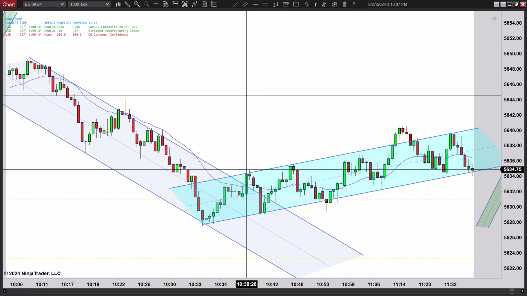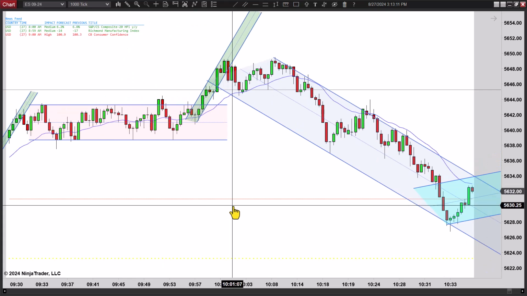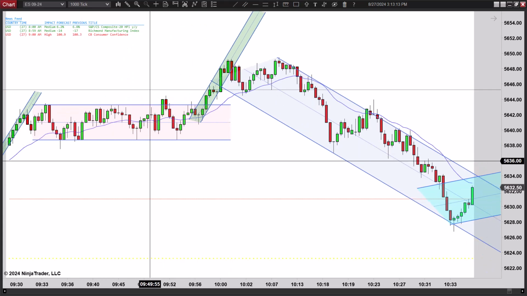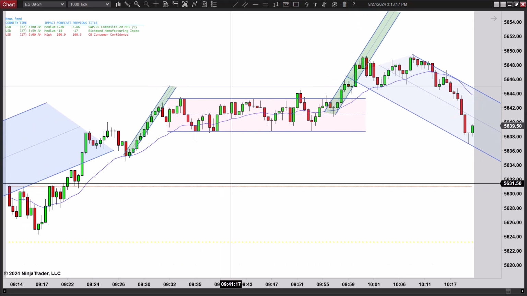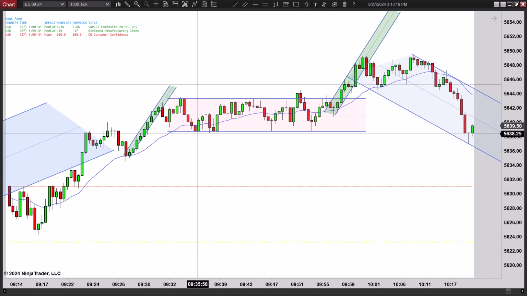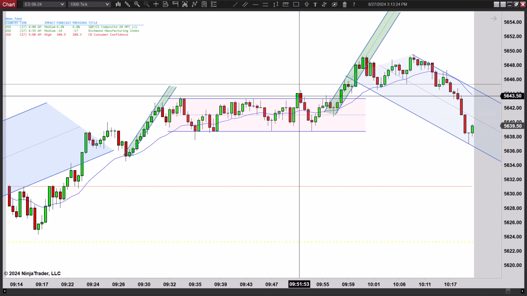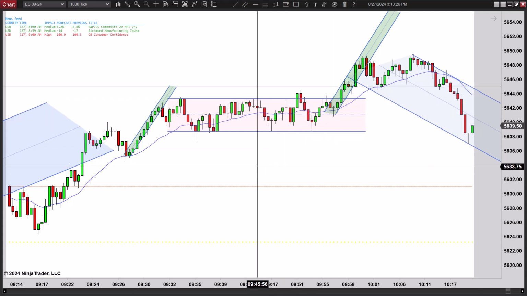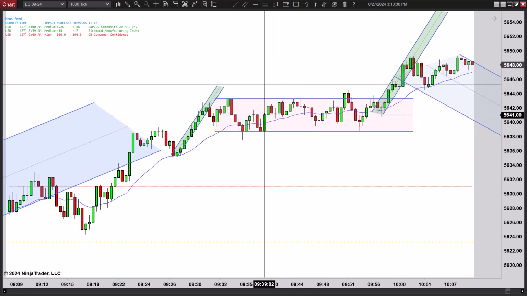There's a second entry long. Oh, I'm not all the way back to the morning yet. This is still just a range. There's some trades here, and there's a long there, a short there, possibly a long there.